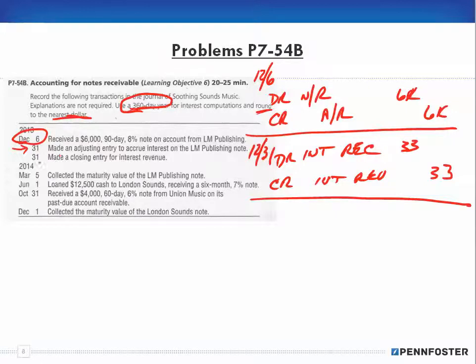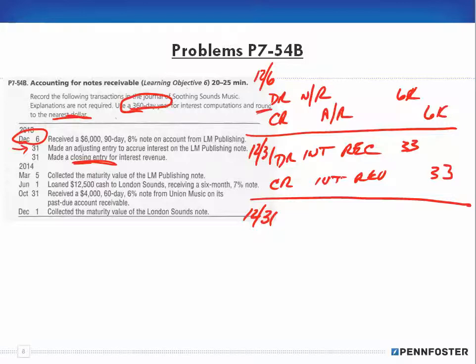All right, December 31st, made a closing entry for interest revenue. Okay, so this closing entry for interest revenue would just be part of the normal closing process. Interest revenue is a revenue account. We close out when we're doing our closing process. This is going back to chapter 3, right?